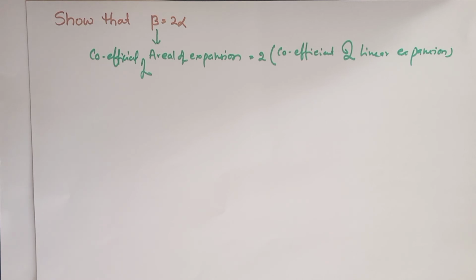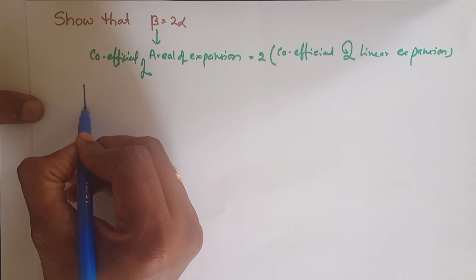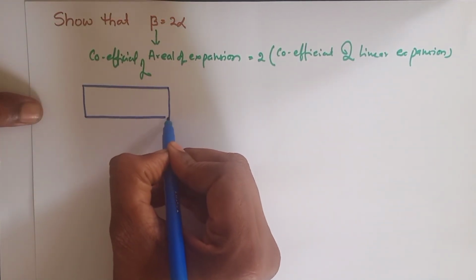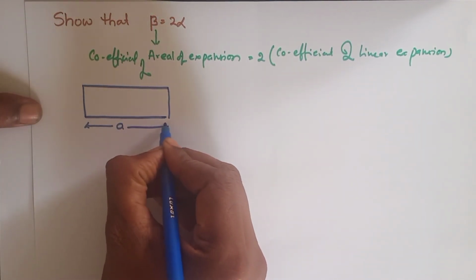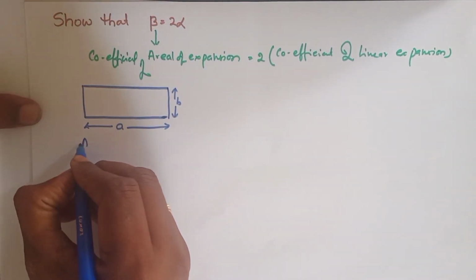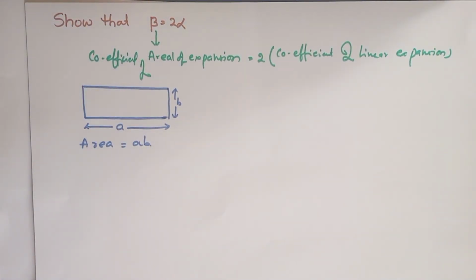For this, I am considering a rectangular slab of length A, let us say, and a breadth of B. The area is called A into B. On heating, what happens? The length can be expected to change, and breadth can change.